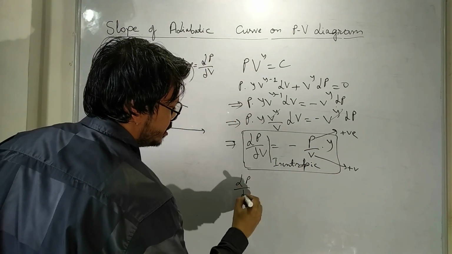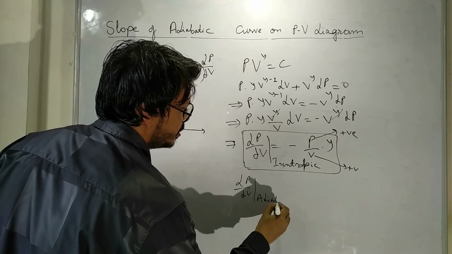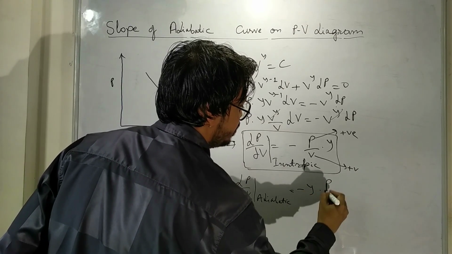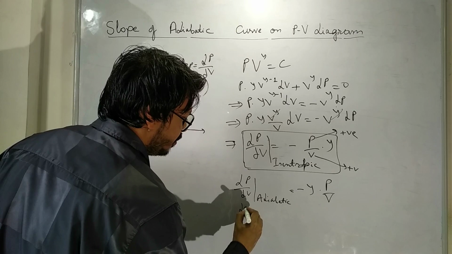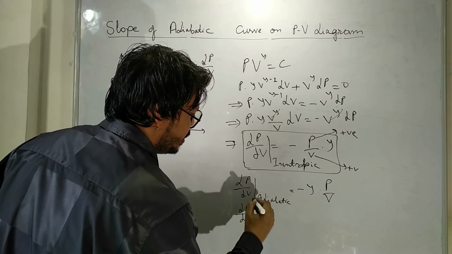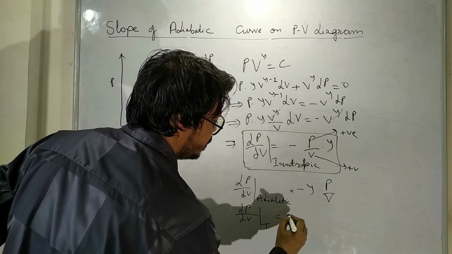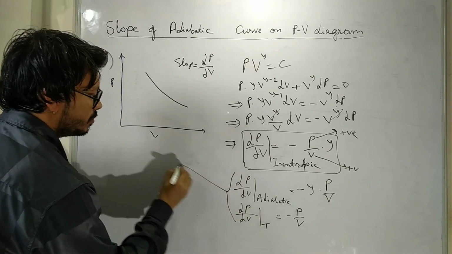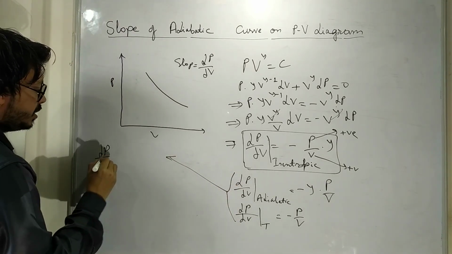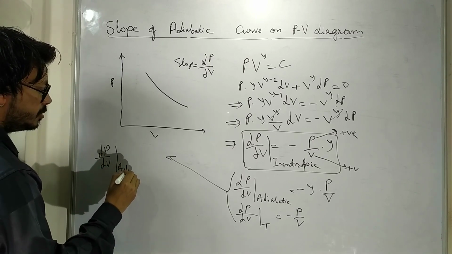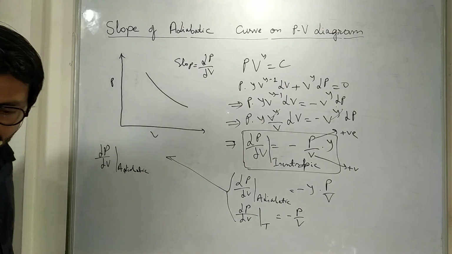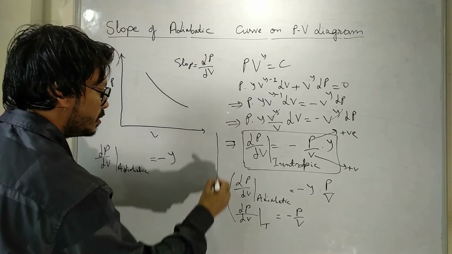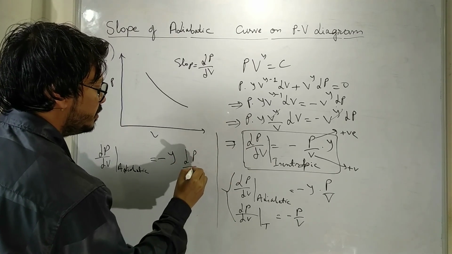So dP by dV adiabatic is equal to minus gamma times P by V, and we know that the slope of the isothermal curve on the PV diagram is minus P by V. If we substitute this value here, we will get dP by dV adiabatic is equal to gamma times dP by dV isothermal.